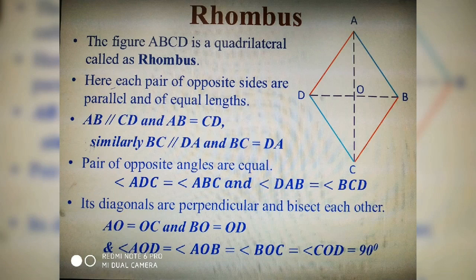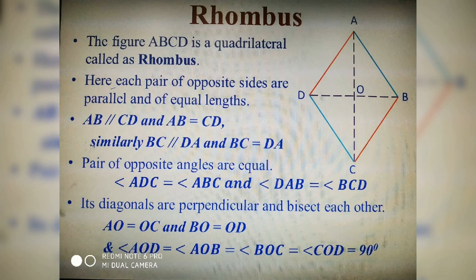Then rhombus. The figure ABCD is a quadrilateral called a rhombus because in a quadrilateral, if all the sides are equal, then it is called a rhombus. Here each pair of opposite sides are parallel and of equal length. That means a rhombus has all the properties of a parallelogram. Here AB is parallel to CD, AB is equal to CD.